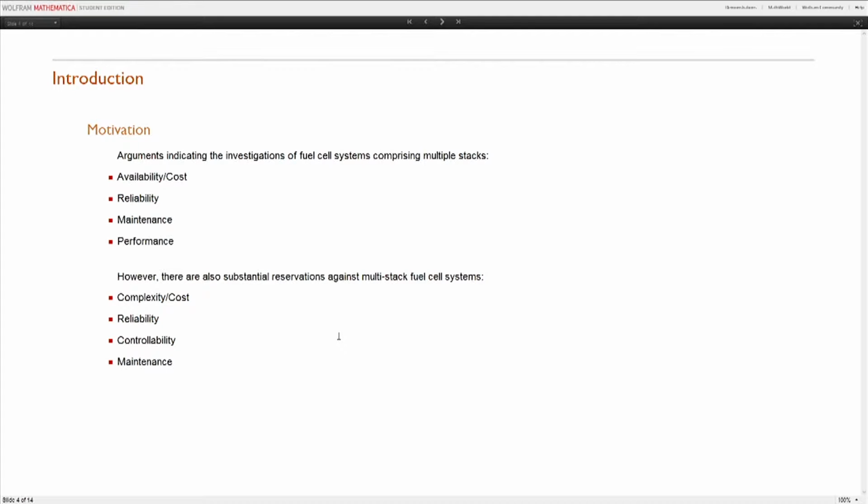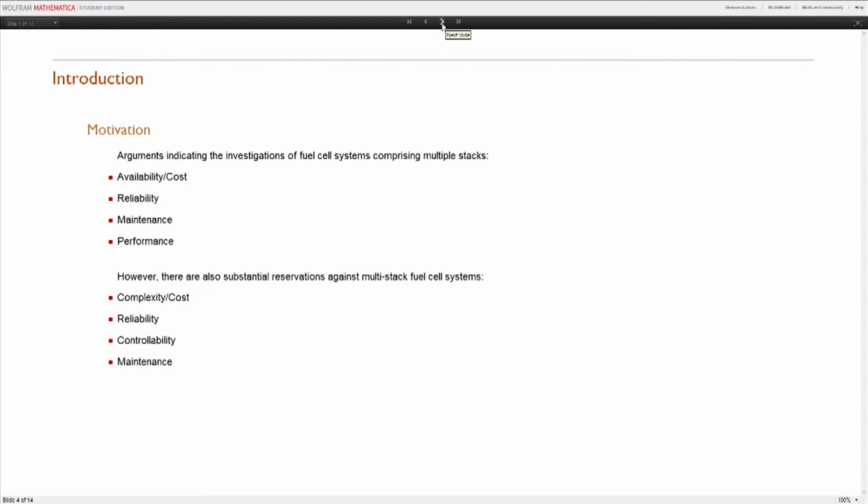And the question also would be, are there some possibilities to improve performance by having more than one stack? And basically, all of these points might be potential disadvantages if it goes wrong. So that is actually a point to consider.